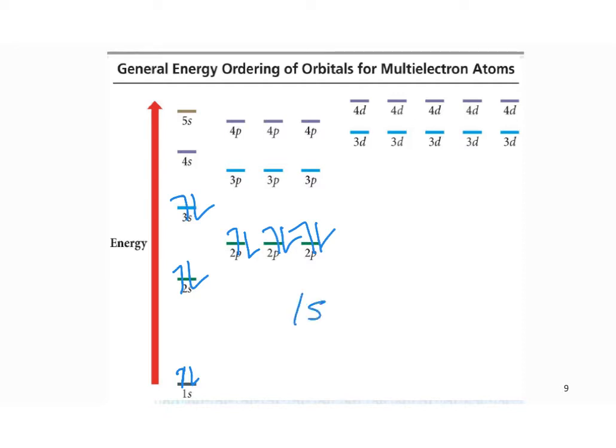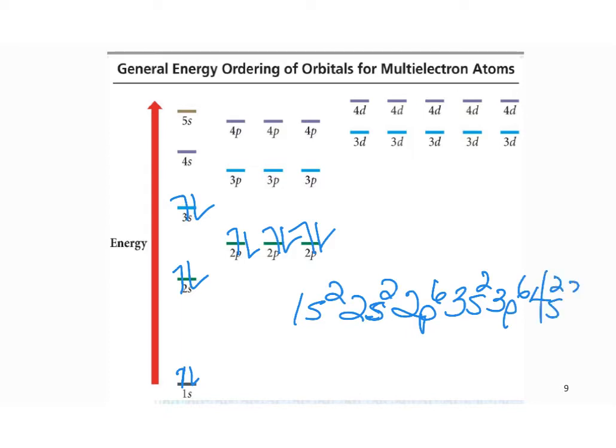If you want to write it out longhand, this is the ordering that you write electron configuration. So I got you started.